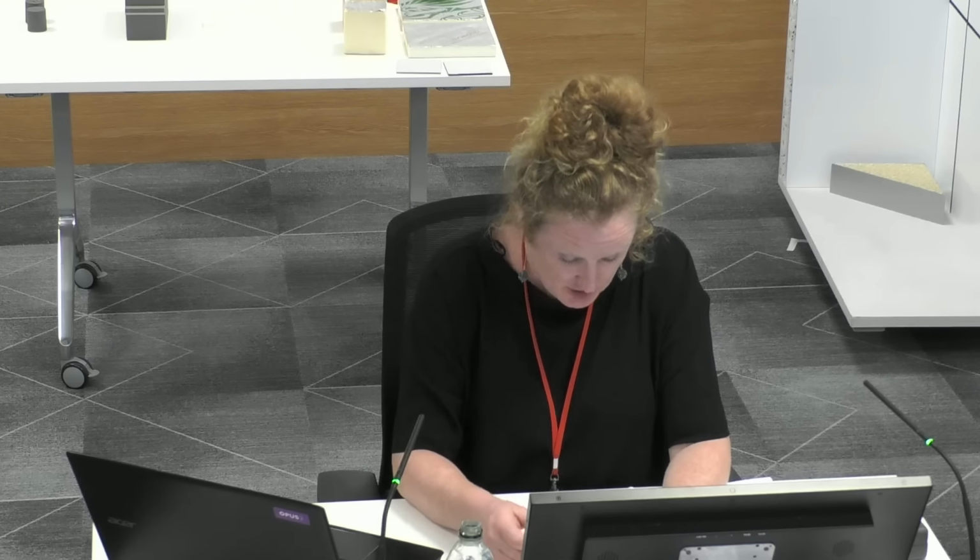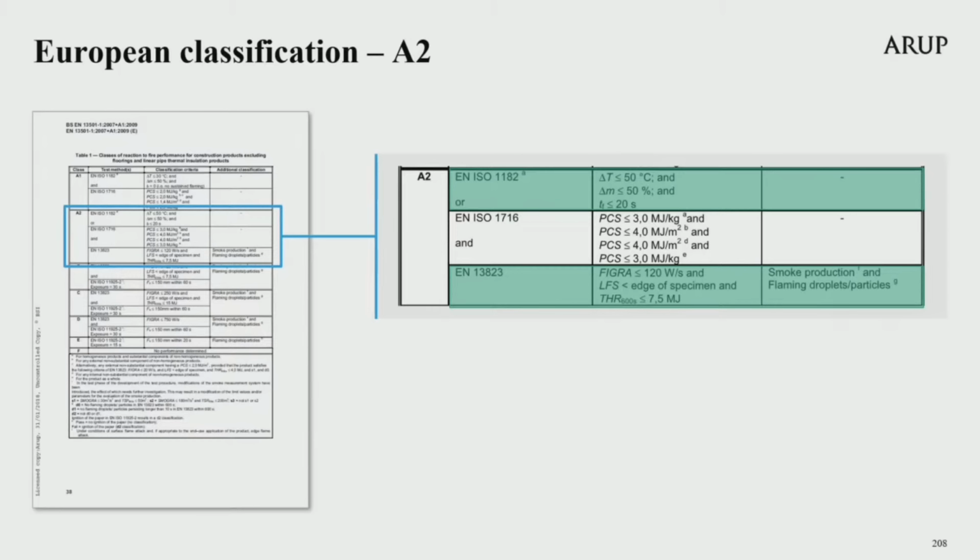First, for insulation required to achieve class A2, S3D2 or better, Table 1 states data is required from 2 test standards, and the limits from the data recorded in the test is also made clear in the classification standard, and those limits are shown on the screen. It can also be A2 can be obtained using these 2 test standards, and again the limits when using this combination are clearly shown on the screen.